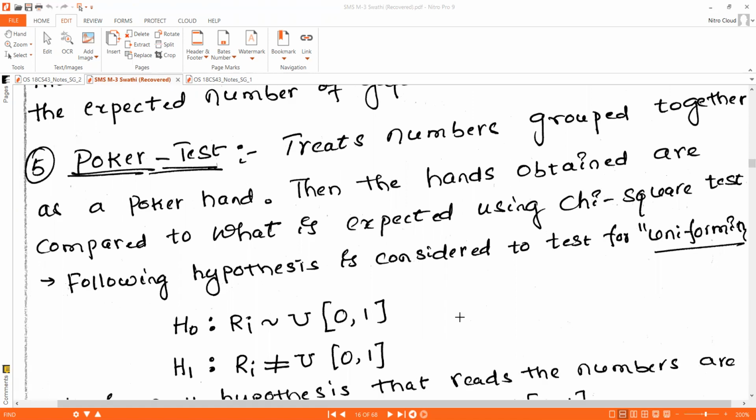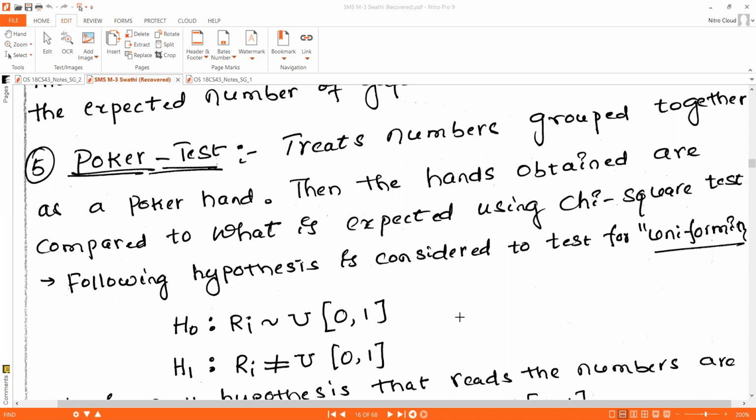The hands obtained are then compared to what is expected using the chi-square test. First the numbers are grouped together as a poker hand, and after obtaining it, we perform the chi-square test to compare the actual values with the expected values.